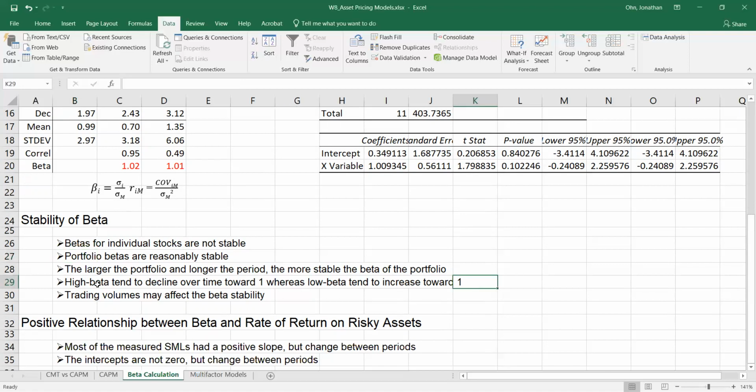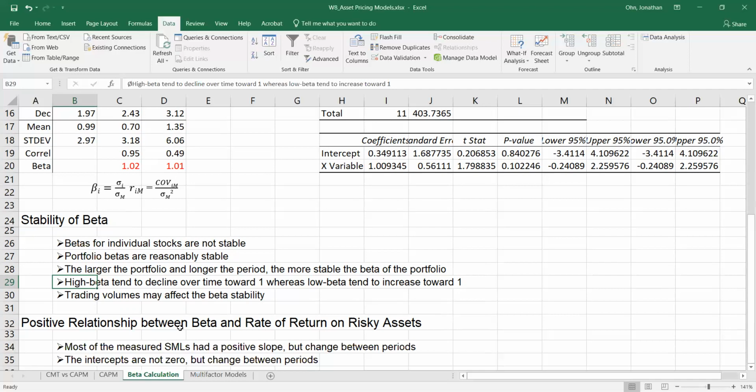I briefly mentioned this one. As a stock becomes large and more mature over time, these mature, large blue chips tend to move similarly to the market portfolio, meaning the beta of that portfolio is getting closer to 1.